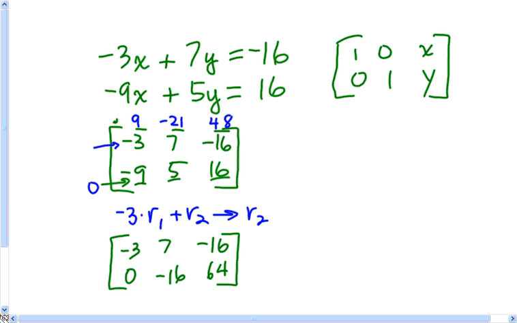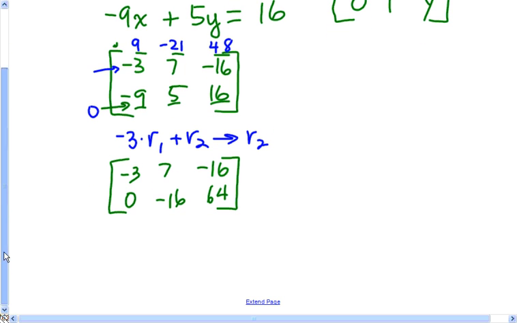All right. So now I have a 0 there where I want it. I would like this right now to be a 1. To get that and not change that 0, I'm going to use division. I'm dividing row 2 by negative 16.